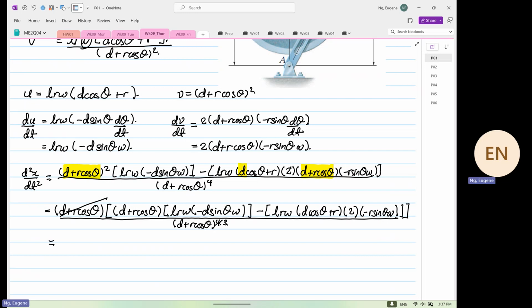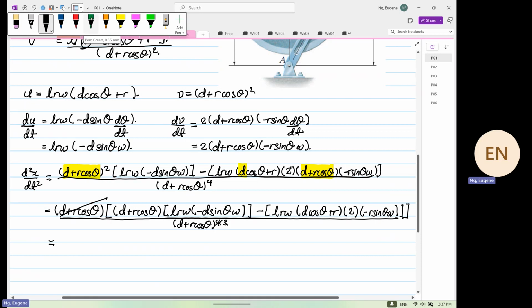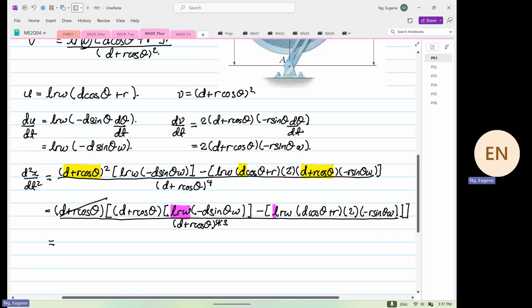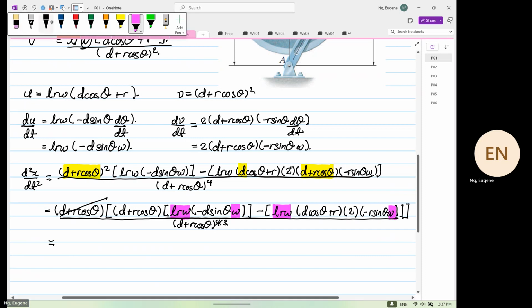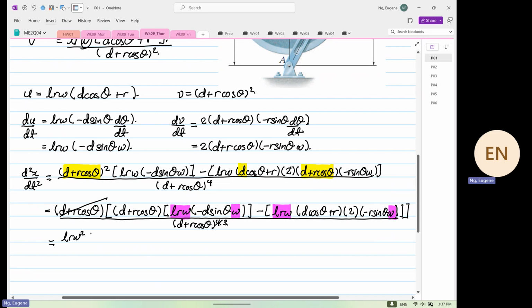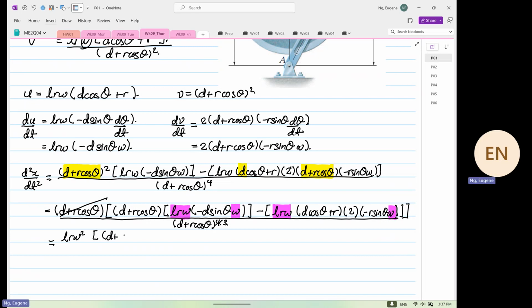We get rid of this, we get rid of this, we have 3. So now we are left with, next thing, I'm going to take out the r omega, L r omega on both sides, and I have an omega over here that can factor out. So this is just doing house cleaning. L r omega squared, then I will have d plus r cos theta, and then minus d sine theta.